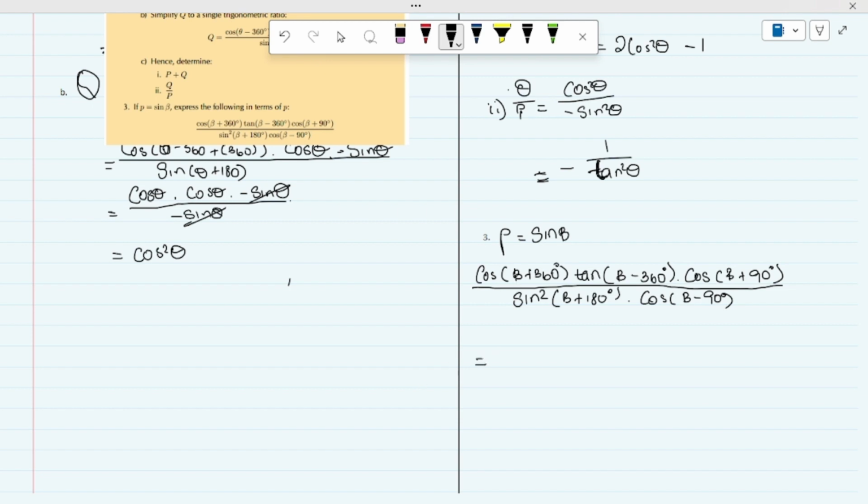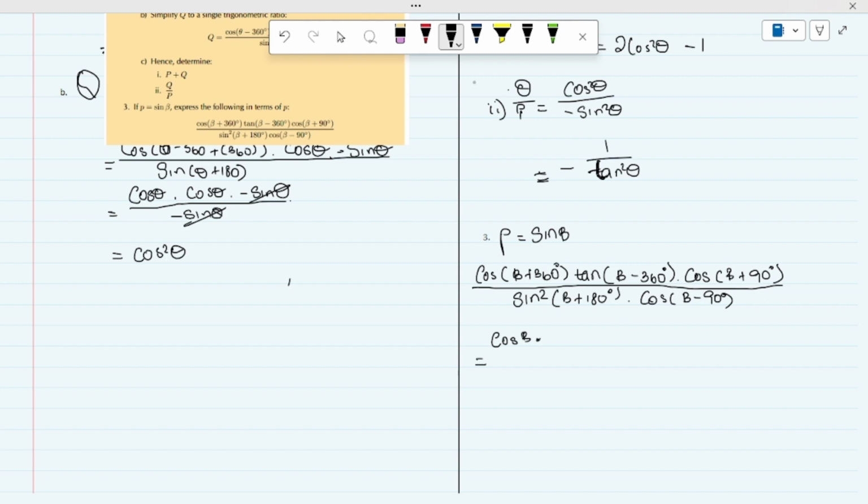So it's cos of beta plus 360 degrees. It's the same thing as saying 360 plus beta. So it's going to be cos beta multiplied by, so beta minus 360 degrees here again.